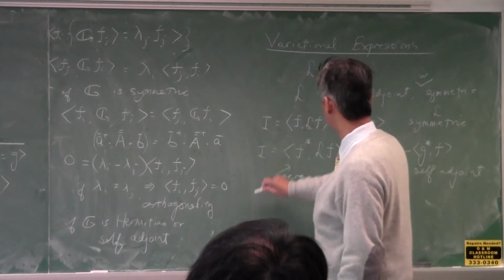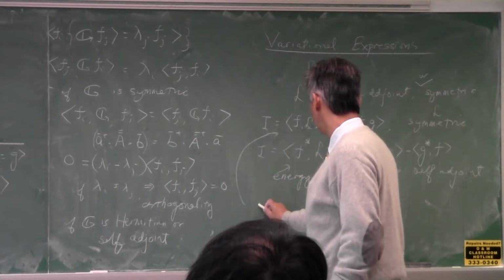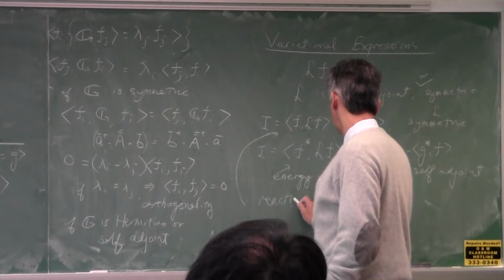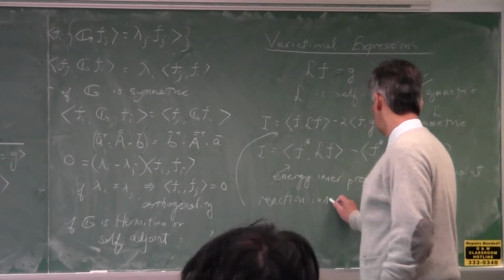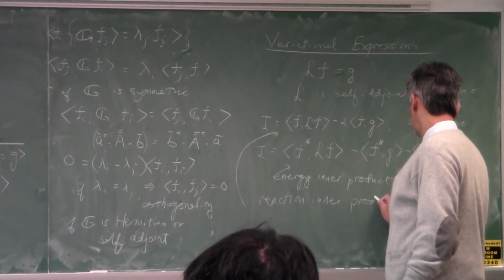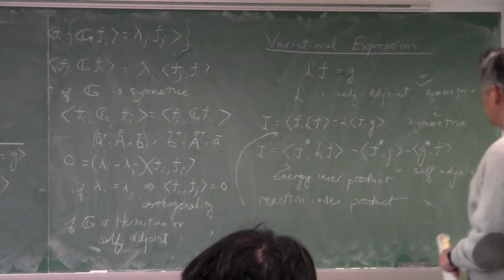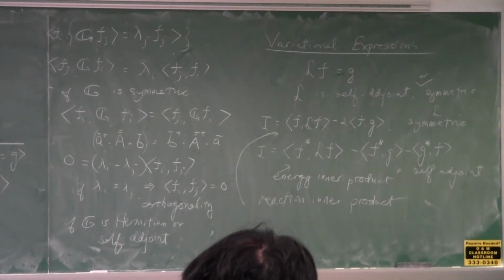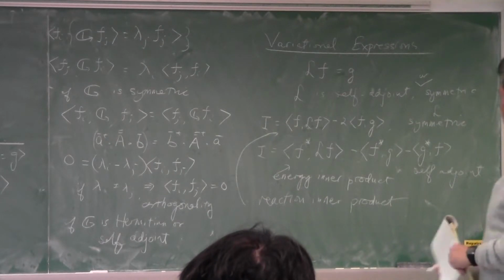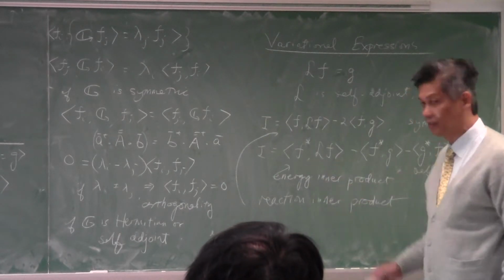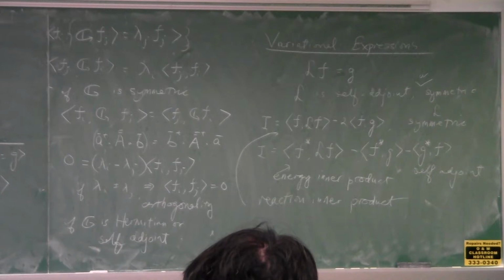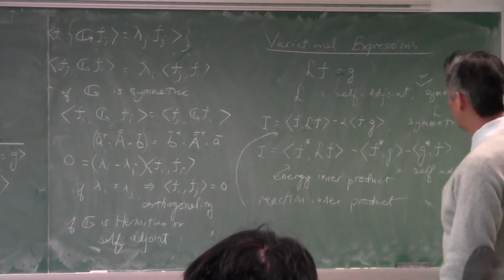This is actually using what we call the reaction inner product. Okay, both of them are variational, and in electromagnetics, we have two kinds of inner product. We can choose an inner product of this form, then it usually has a physical meaning of energy or power.